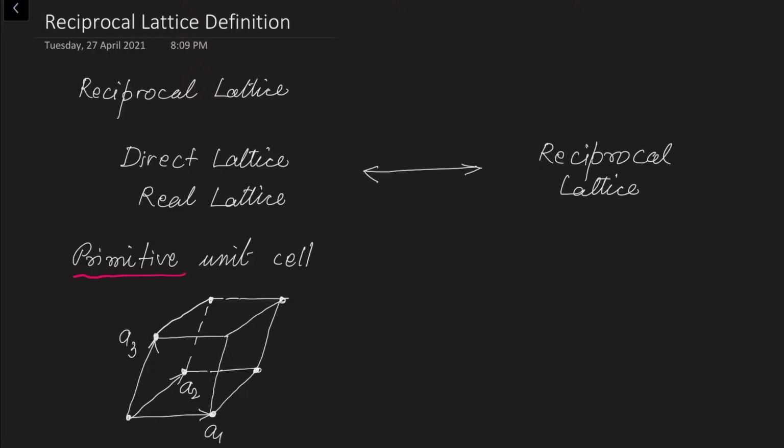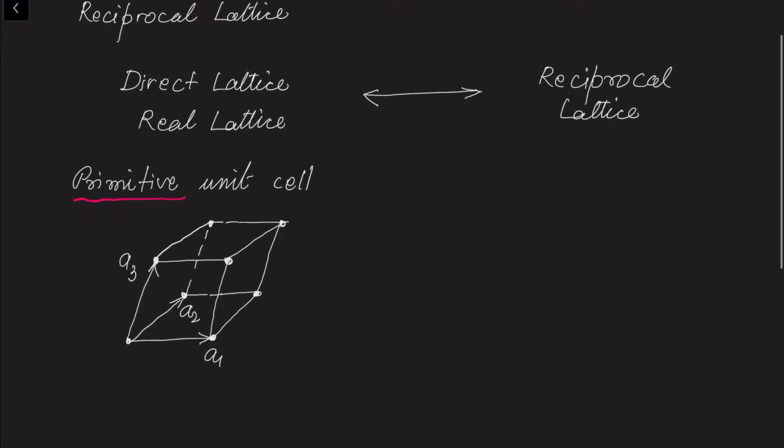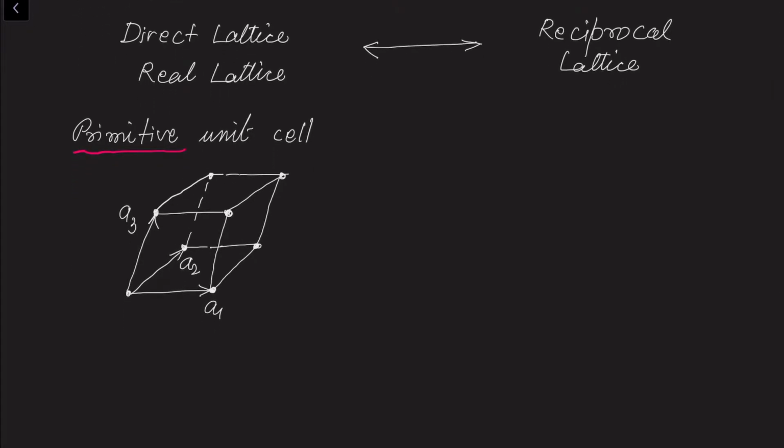So we are not considering body-centered or face-centered unit cells here. So these three primitive vectors are the so-called primitive basis. We call that primitive basis A1, A2, A3.